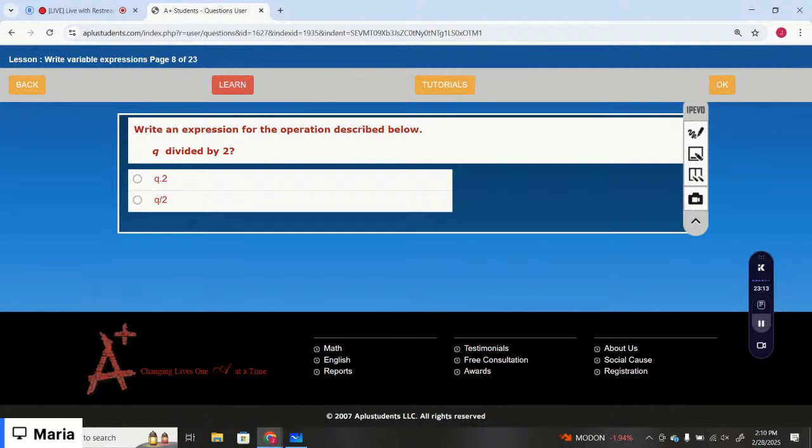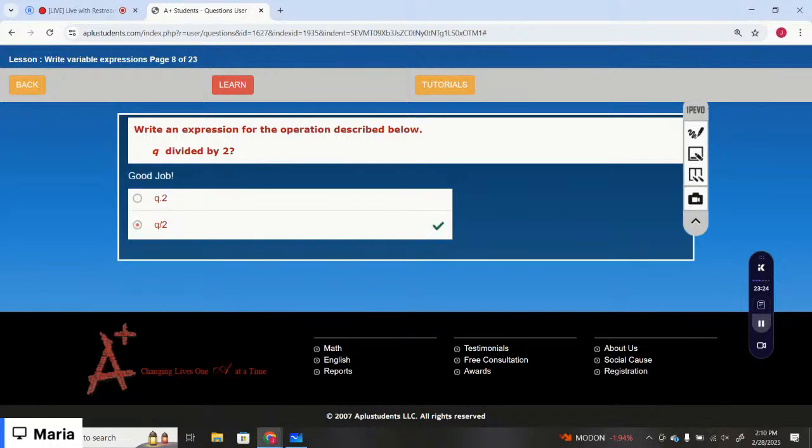Write an expression for the operation described below. q divided by 2. Option number 2 is the correct option, that is q divided by 2.